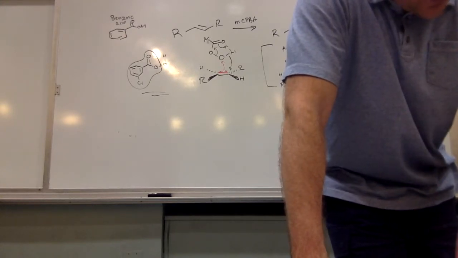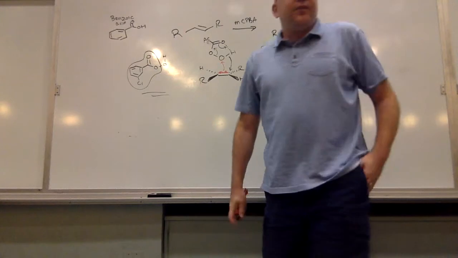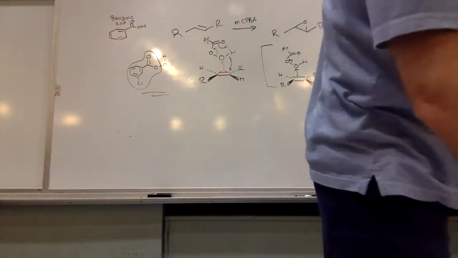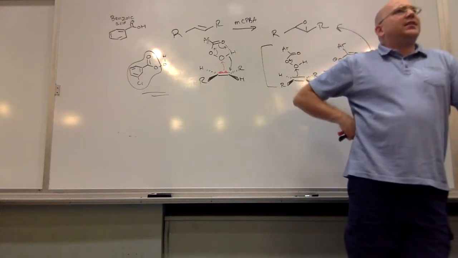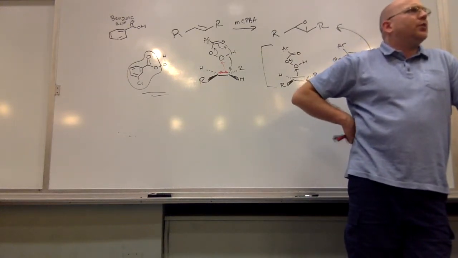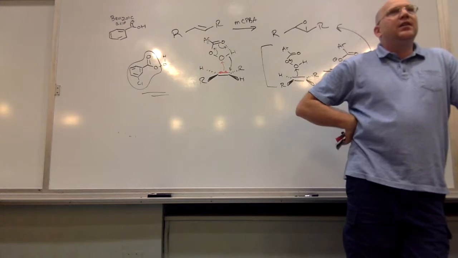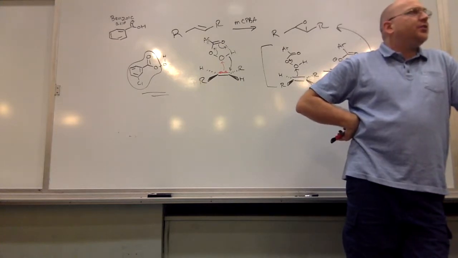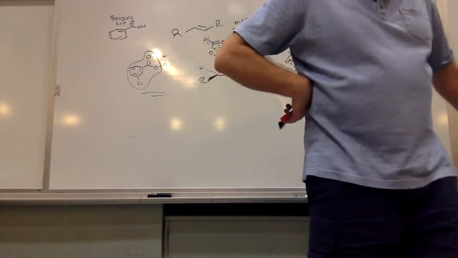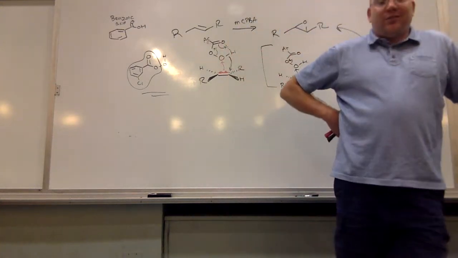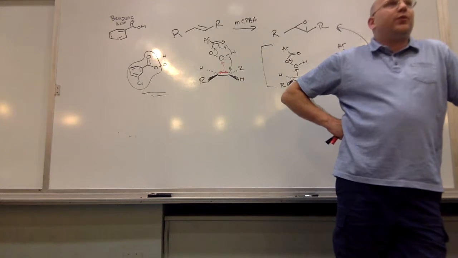The book has one of the very classic examples of what we call asymmetric catalysis, called the Sharpless epoxidation, which is a variant of this. I'm not going to teach it because we don't have time, but it's worth mentioning really quickly.